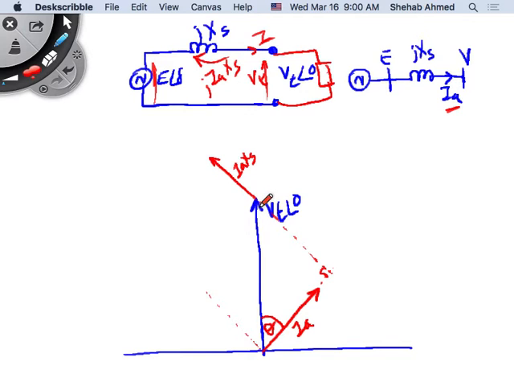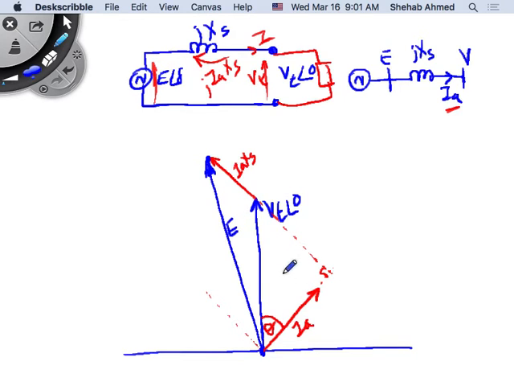Do we agree? This is the voltage drop across this reactance, which means that E is from this point to this point, right? The sum of the voltage drop across the reactance plus the terminal voltage is equal to E. This is E, for this condition.